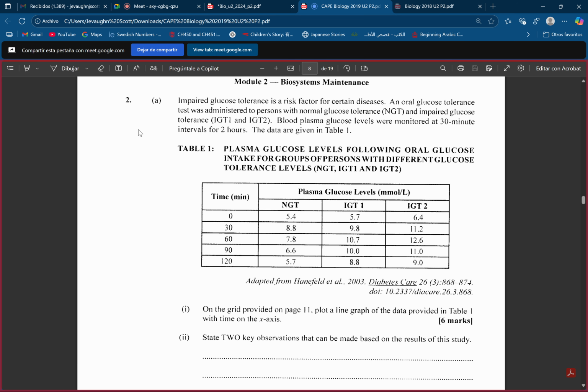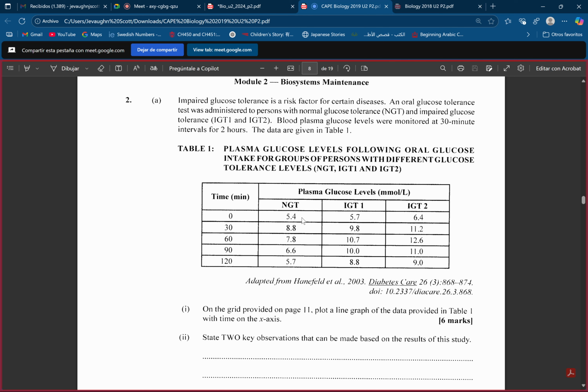2A. Impaired glucose tolerance is a risk factor for certain diseases. An oral glucose tolerance test was administered to persons with normal glucose tolerance (NGT) and impaired glucose tolerance (IGT-1 and IGT-2). Blood plasma glucose levels were monitored at 30-minute intervals for 2 hours.